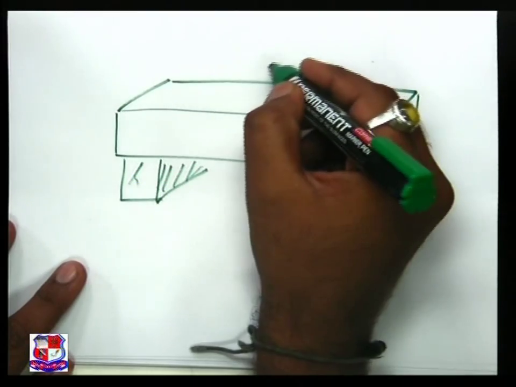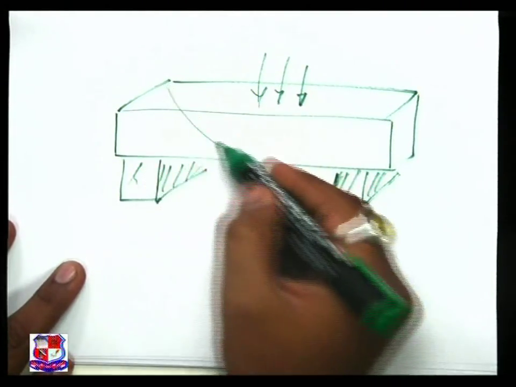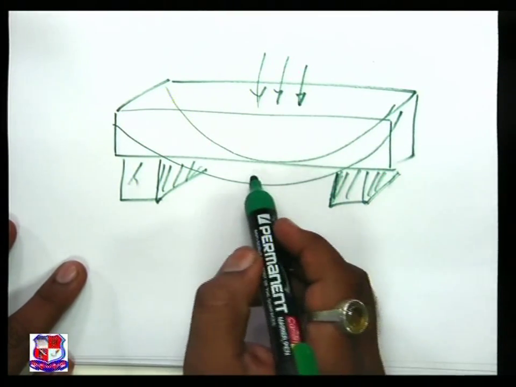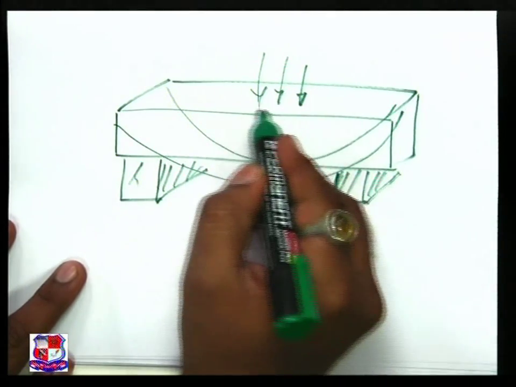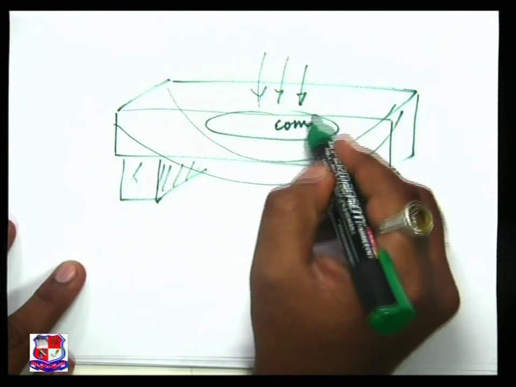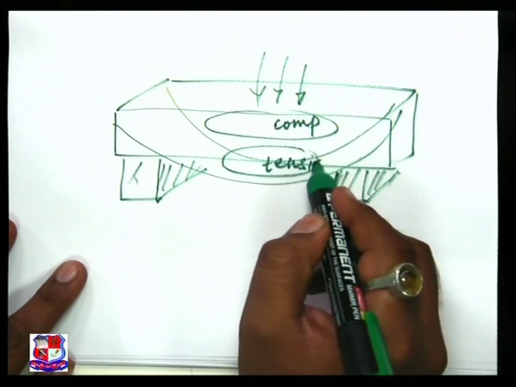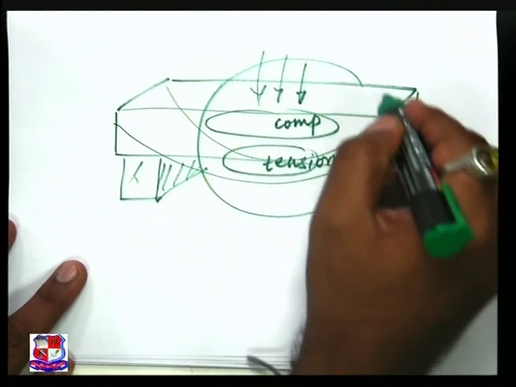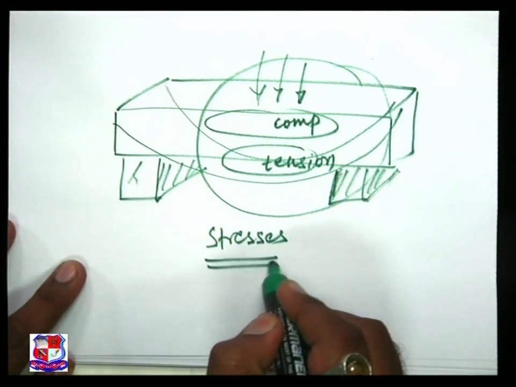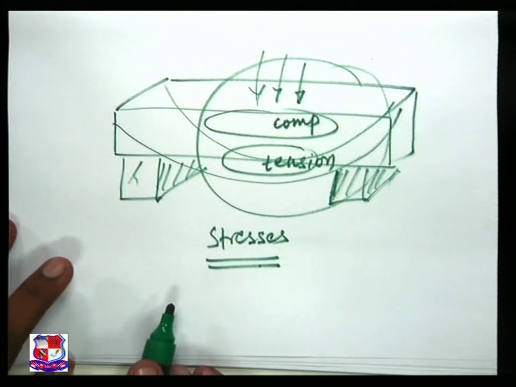Now, when the loads act over here, this leads to deflection. Because of that, the top part is under compression and the bottom fibers are under tension. This leads to stresses. Those stresses are referred to as bending stresses.